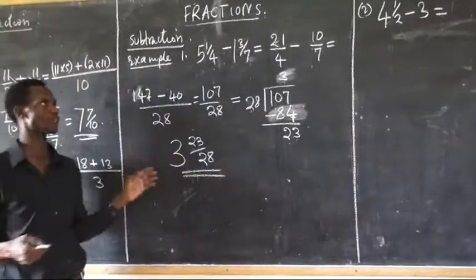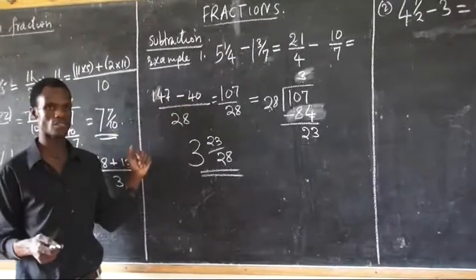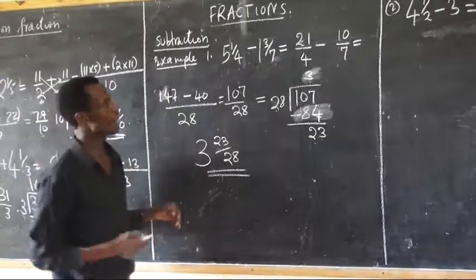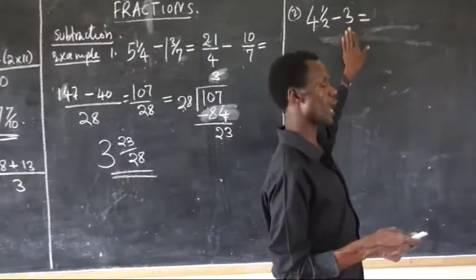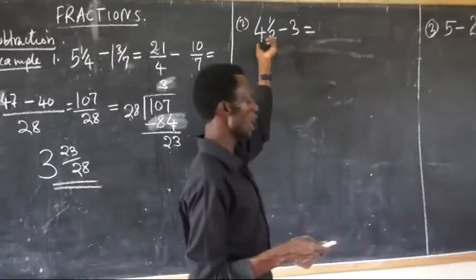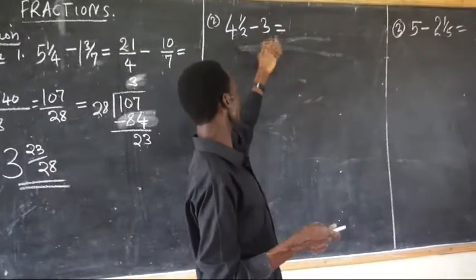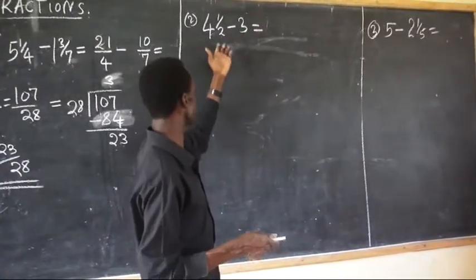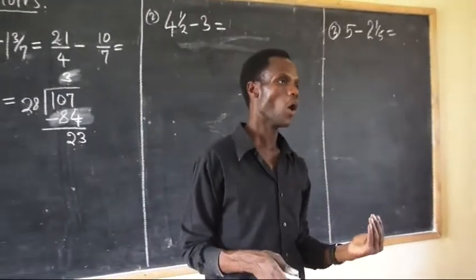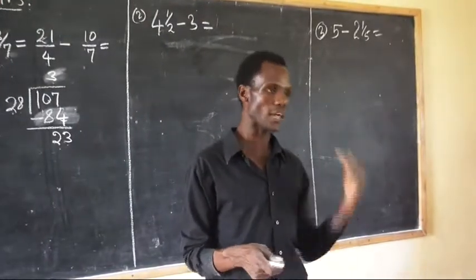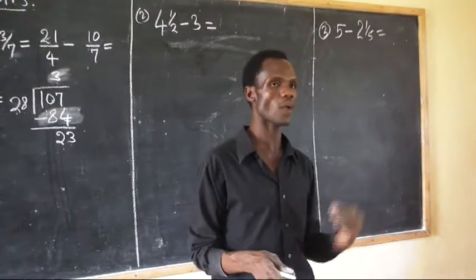This is called subtraction of fractions. The other example here is a mixed fraction minus a whole number. The first step, as we have said, is to convert the mixed fraction and the whole number into fractions.